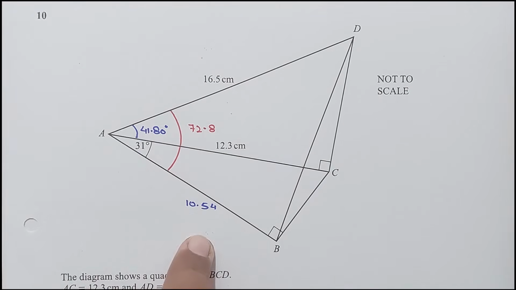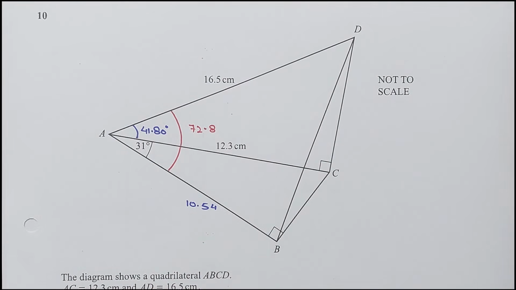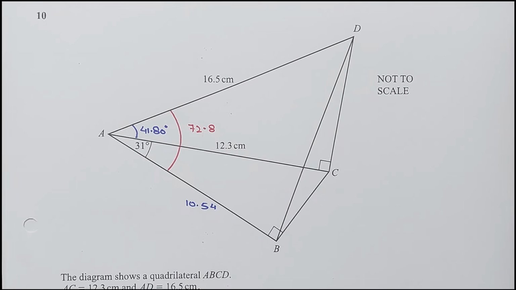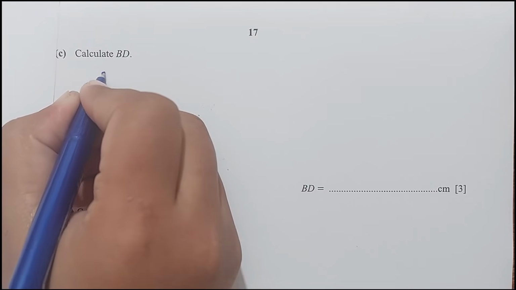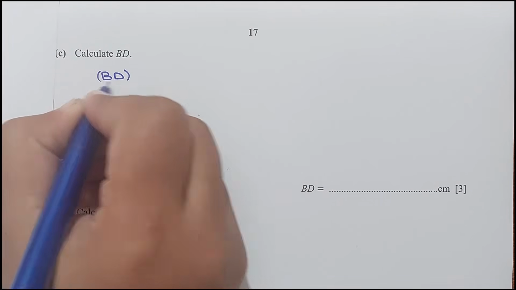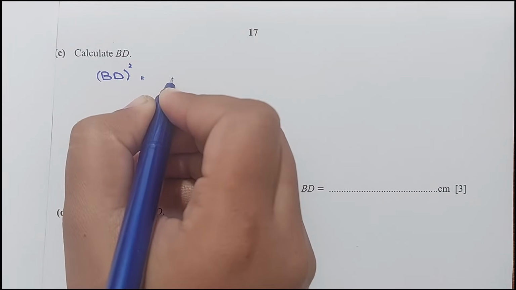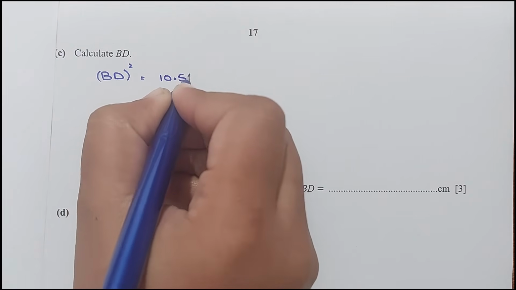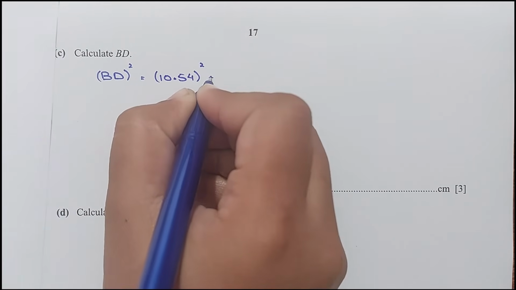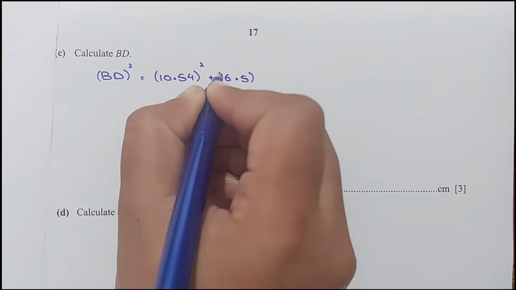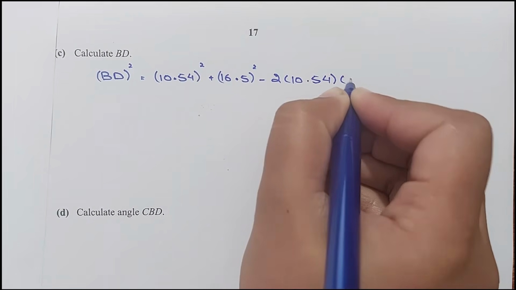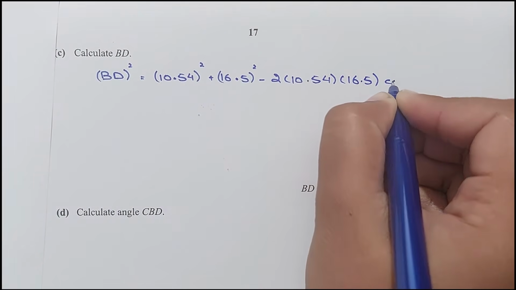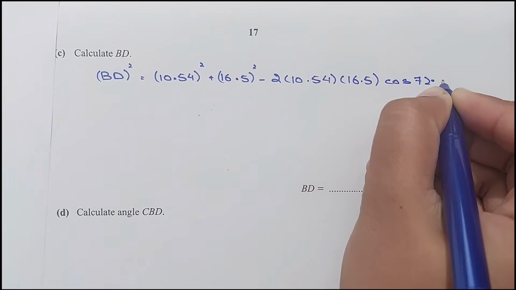So we have two sides and the angle between them, and we have to find the side opposite, so we apply the law of cosines. BD squared equals 10.54 squared plus 16.5 squared minus 2 times 10.54 times 16.5 times cos of the angle between them, 72.8 degrees.